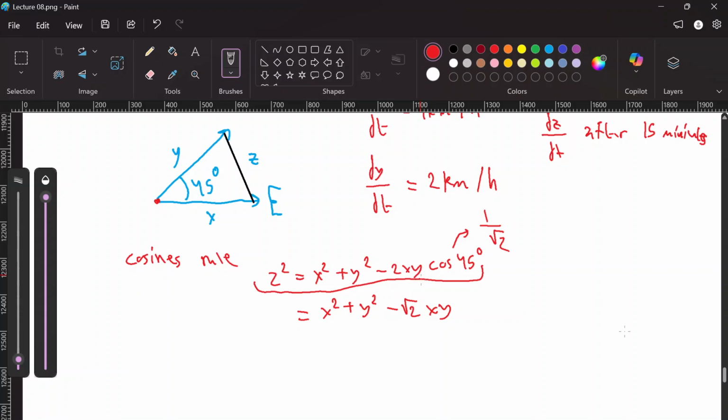If this is 90 degrees, then you have Pythagorean, because what is cosine 90? 0, right?